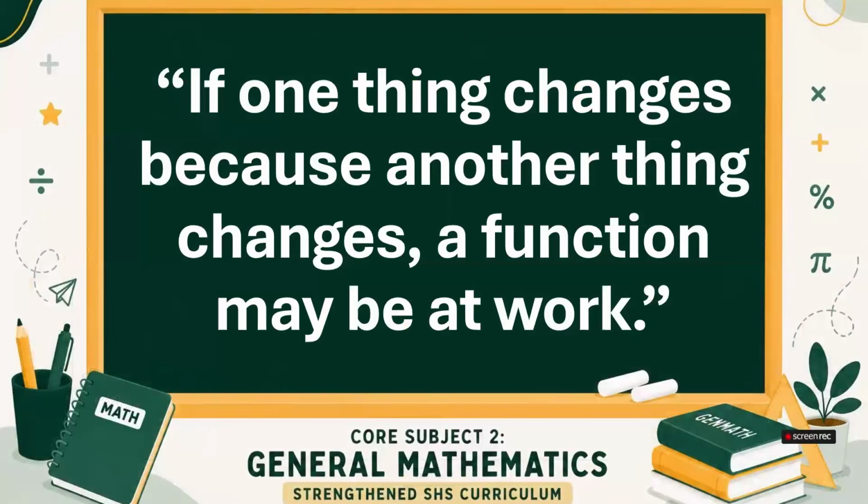So our lesson for today gives us a very simple but important idea. If one thing changes because another thing changes, then a function may be at work. So think of all of our previous examples. More gigabytes can mean a higher cost. More pages printed means higher printing bill. More products sold can change the profit.